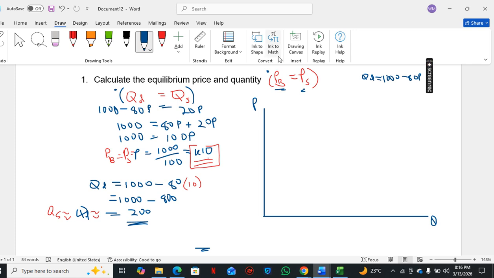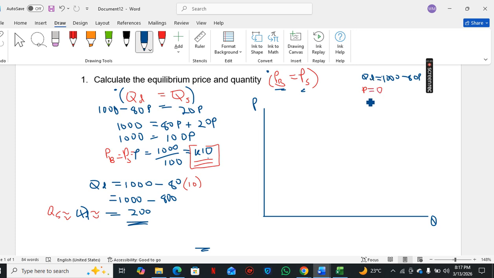All right. So first, you can equate P to 0. You say, okay, when P equals 0, when the price is 0, how much quantity is going to be demanded? So you just substitute P equals 0 in your demand function. Always do this, colleagues. Start with P equals 0.